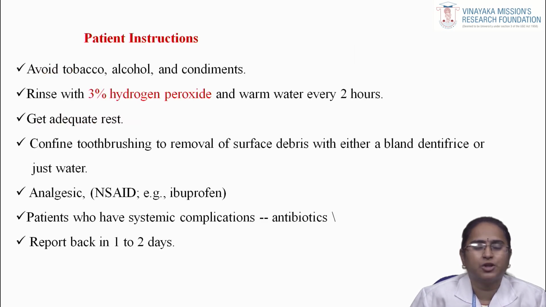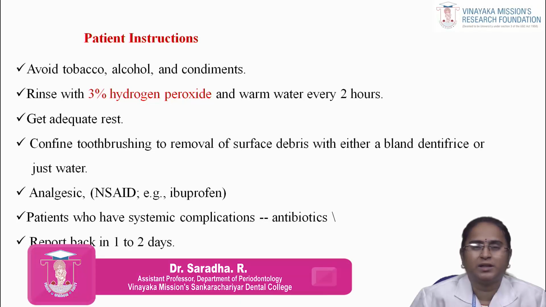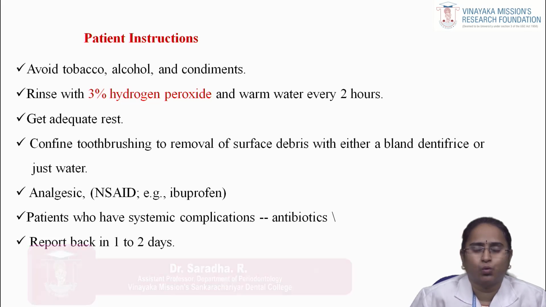The patient should be instructed to rinse with 3% hydrogen peroxide and warm water every 2 hours, and to use chlorhexidine mouthwash twice a day. Patients should also be advised to take adequate rest, and should be recalled after 1 or 2 days.